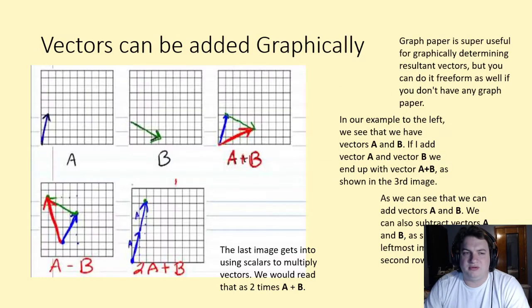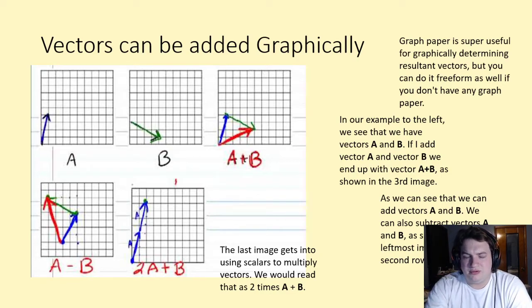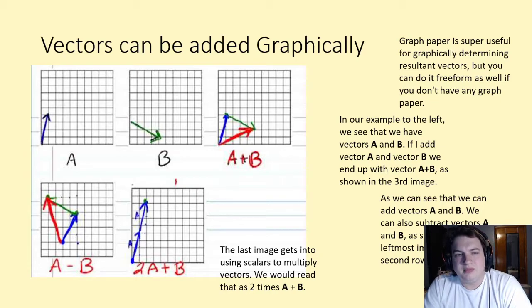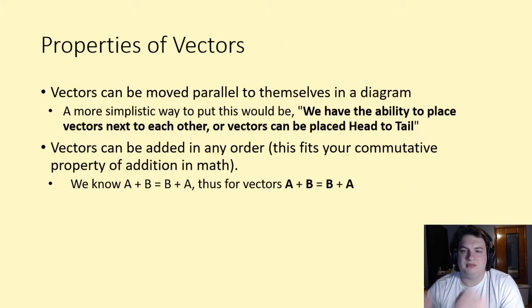Going back to our example, in A plus B, vector A is going up and ends on the coordinate (1, 4), so that's my arrow or my head. And notice that vector B starts at coordinate (1, 4), and then it goes down based off of the vector, and that's the value we end up at. So that's this idea of vectors can be placed head to tail.